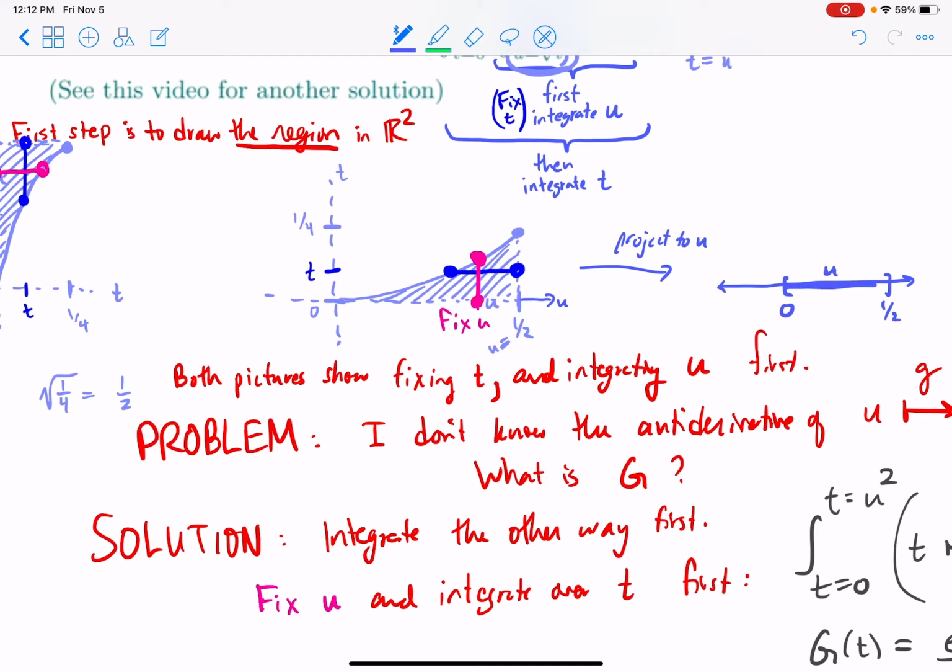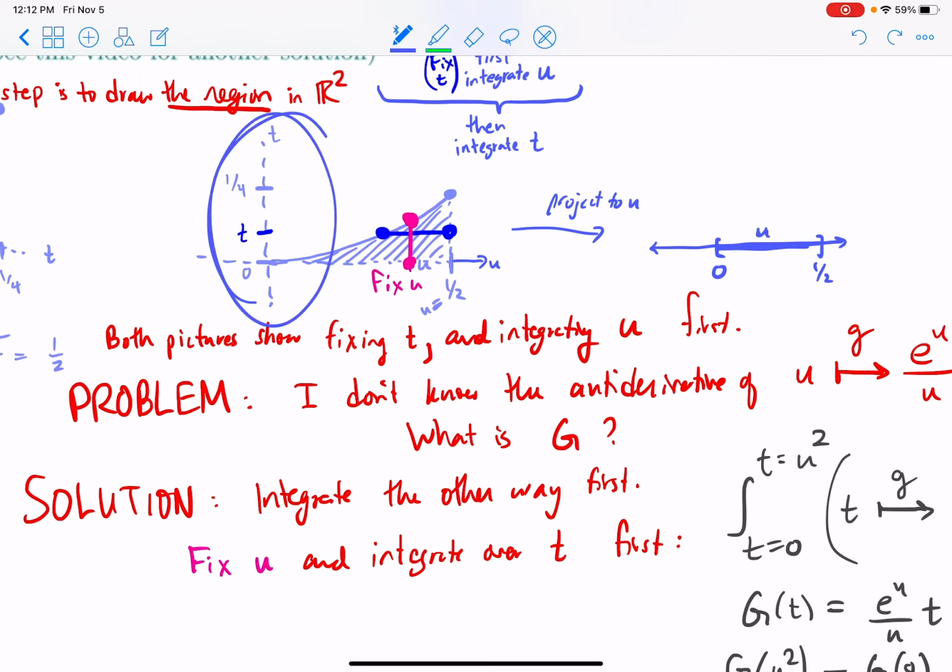Right? So u equals 0 to u equals 1/2, because I've already integrated away the t dimension, it has disappeared. And so all this stuff gets projected onto just the u direction, which now has just endpoints, which are numbers, 0 and 1/2.